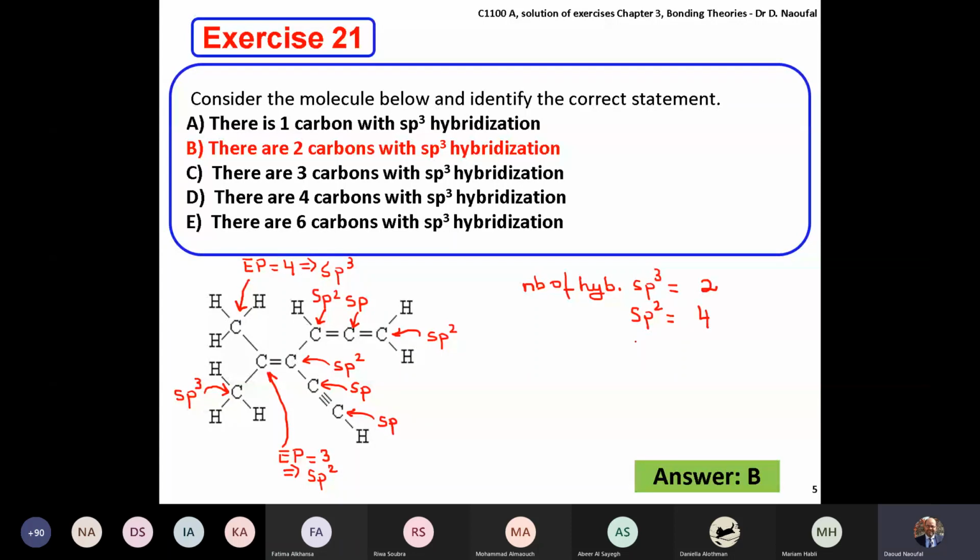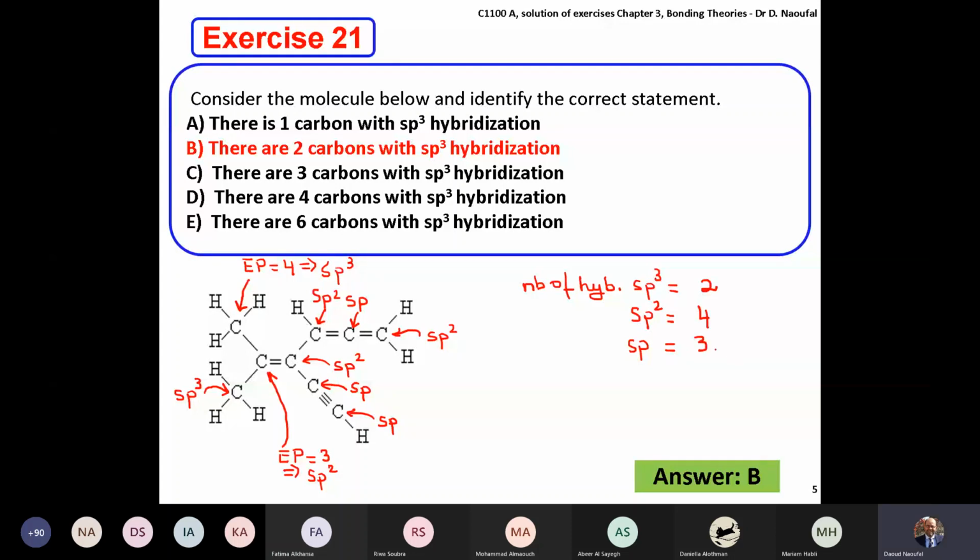And the number of carbons that make sp hybridization: 1, 2, 3.